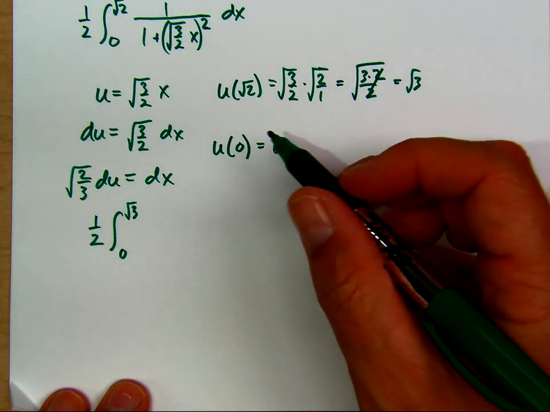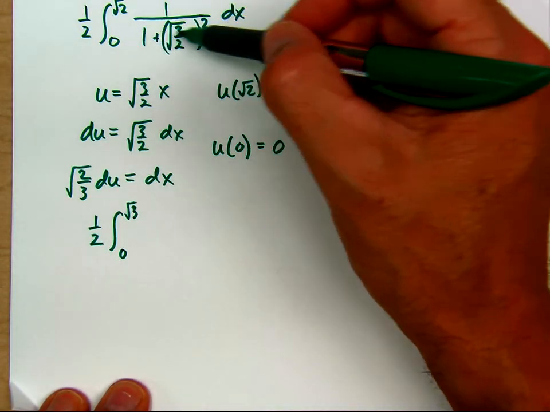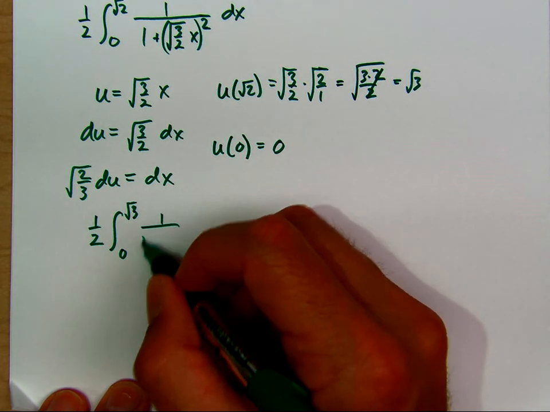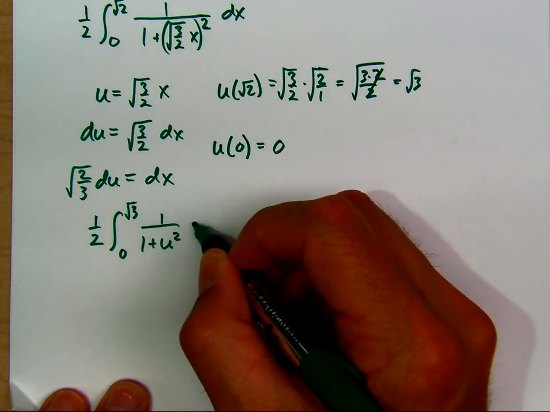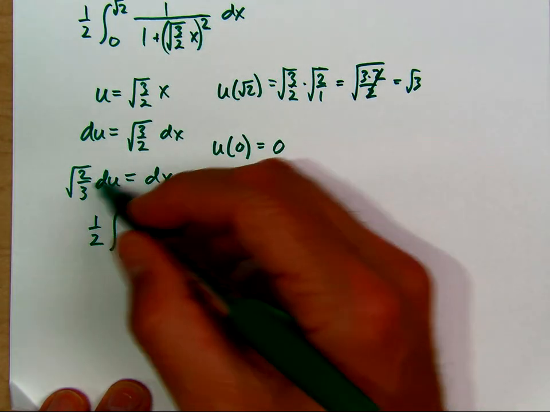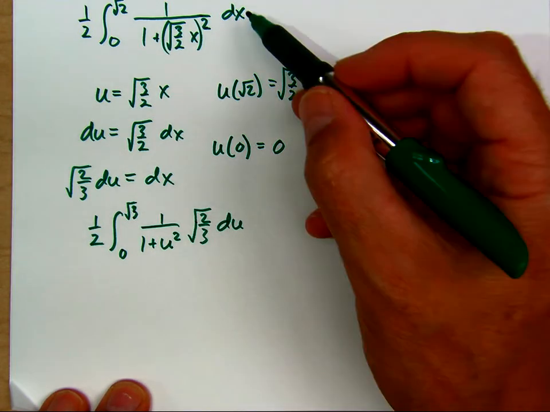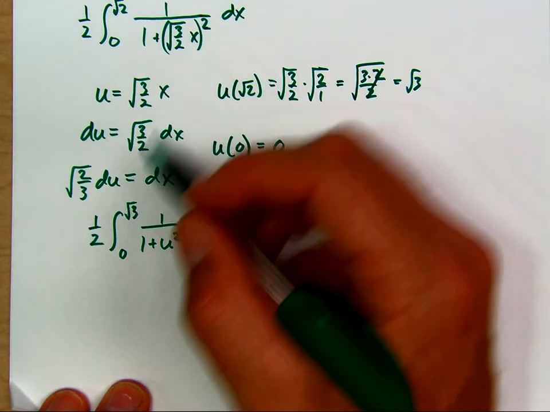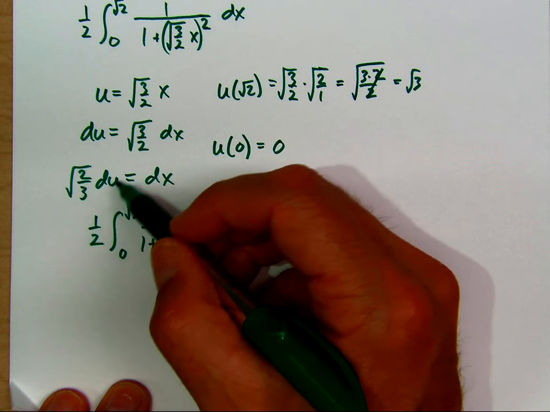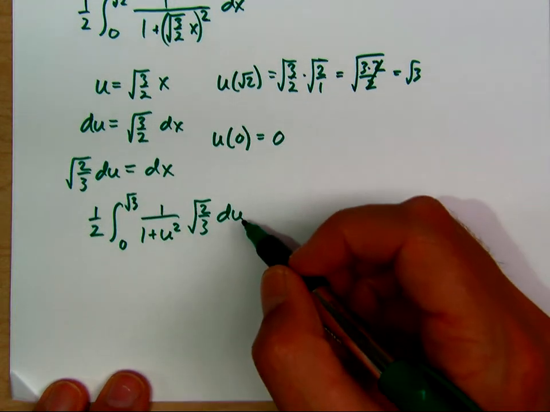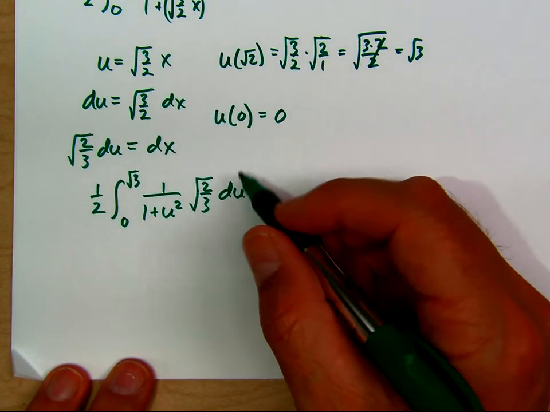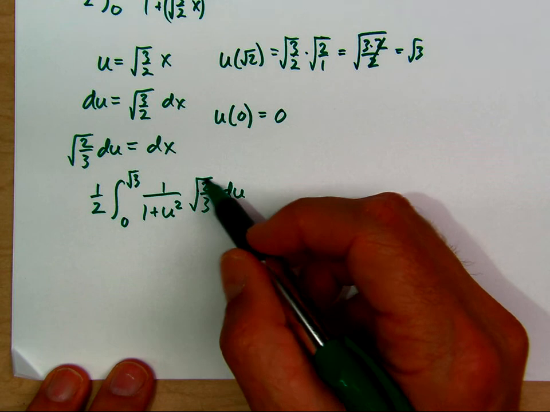And we have 1 over 1 plus u squared. And in place of dx, we'll put this. And let's just put all that in front.